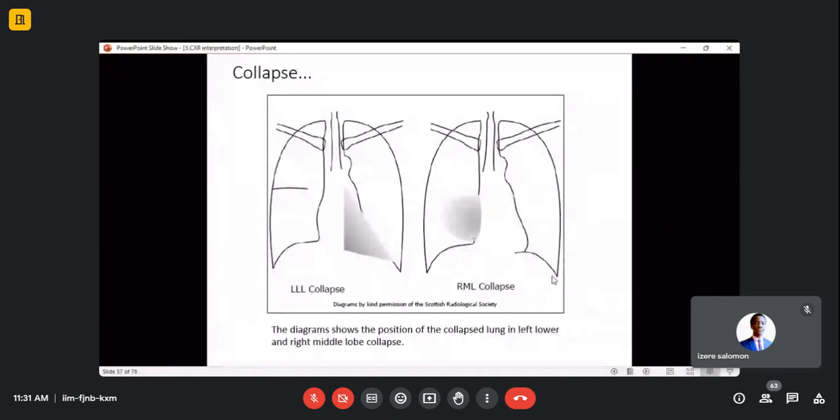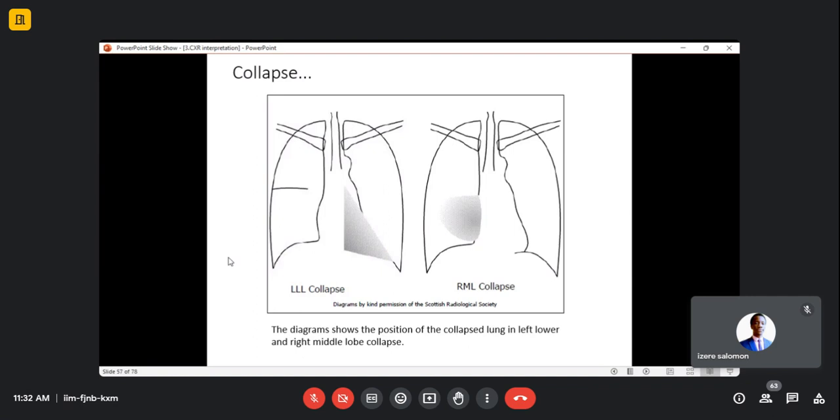Because if it is just one right middle lobe collapse, you will see the hemidiaphragm going up a bit, even the trachea or mediastinum going to the other side. The reason why we didn't see it on the previous image is that the left lower lobe collapse was pulling towards the left, and this one on the right was pulling towards the right. It was a nil, one draw. Okay?